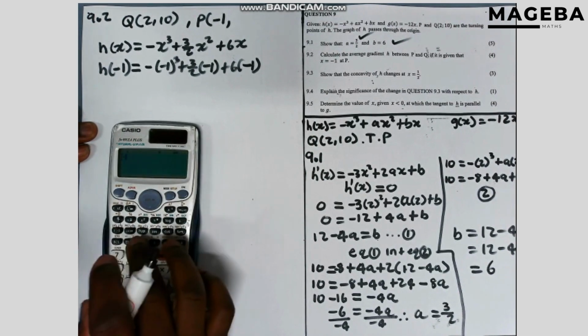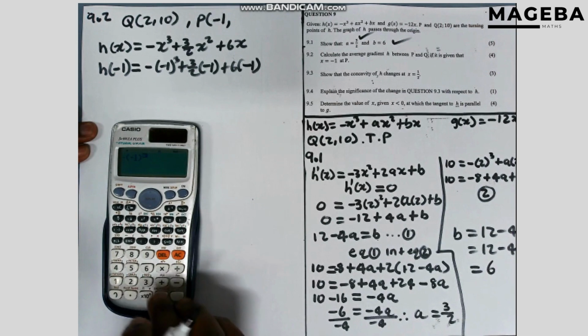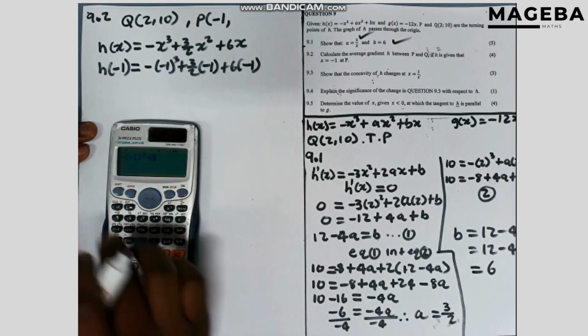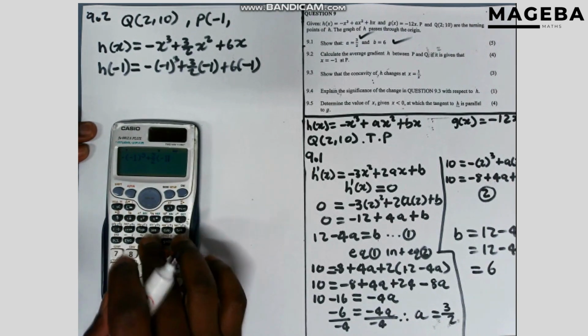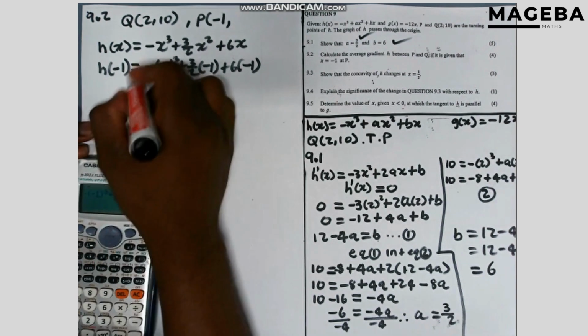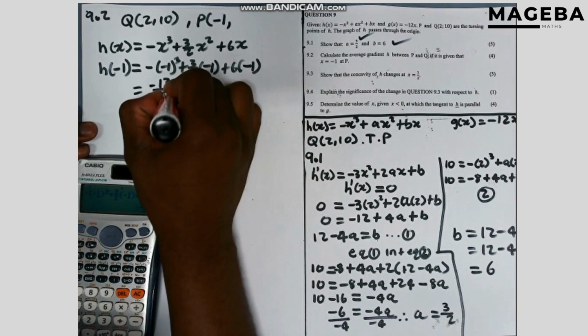Then now we find our y: negative 1 into cubed plus 3 over 2 into negative 1, and plus 6 into negative 1. What is it? It's negative 13 over 2.